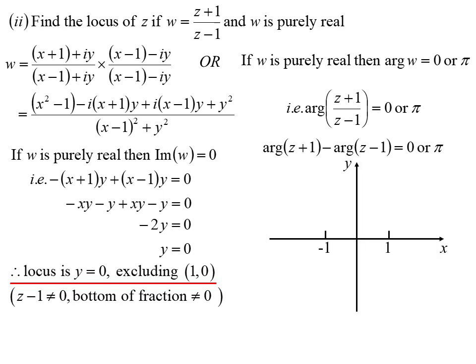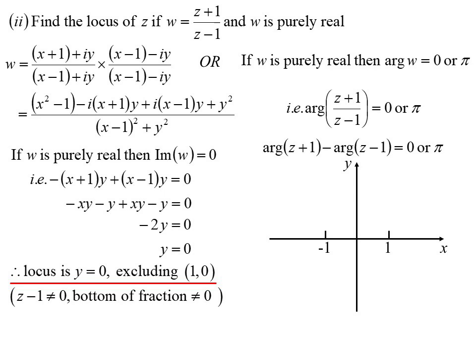Well, both of these arguments, if I put them on the same diagram, one of them would start at -1 and one of them would start at 1. And we're saying the difference in the arguments, so any ray I would draw from these points, the difference in them is either 0, so they're going in the same direction, or pi, so they would be going in the opposite direction. So I do get a straight line.